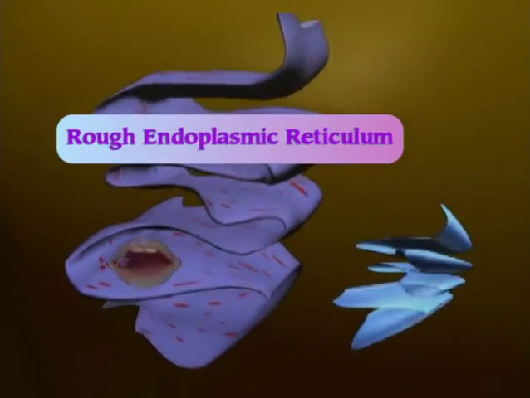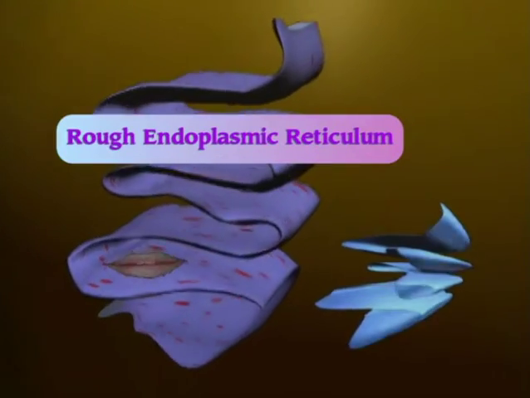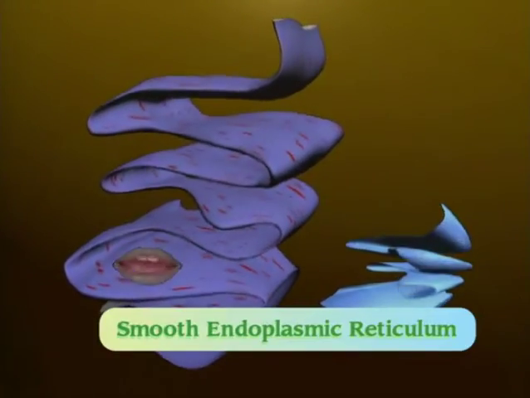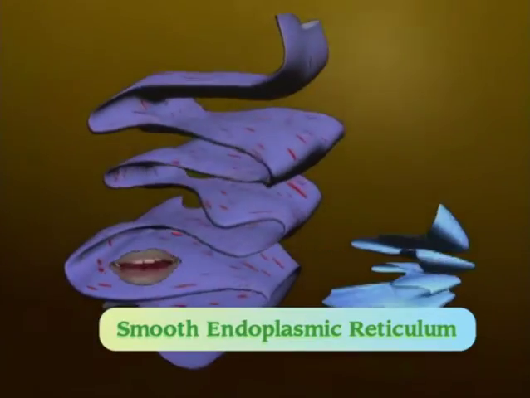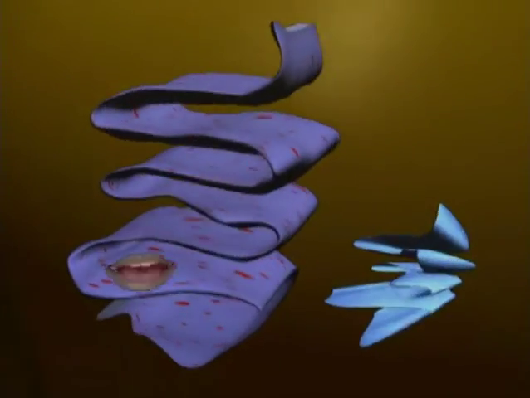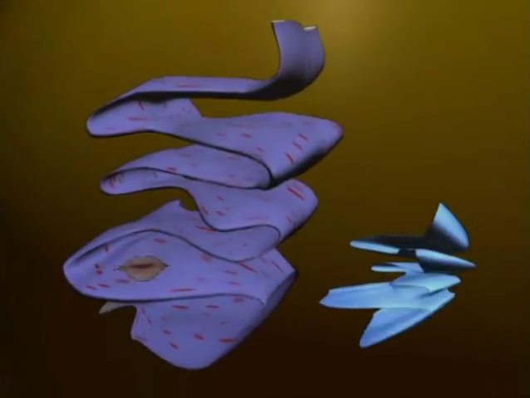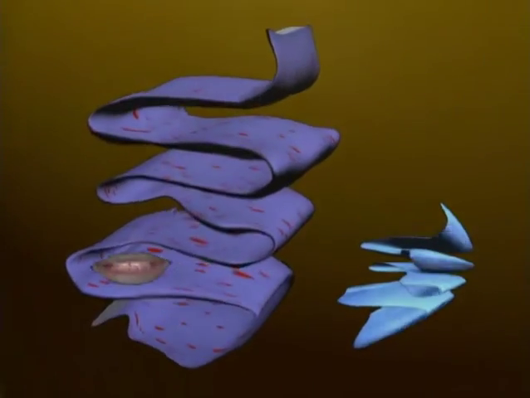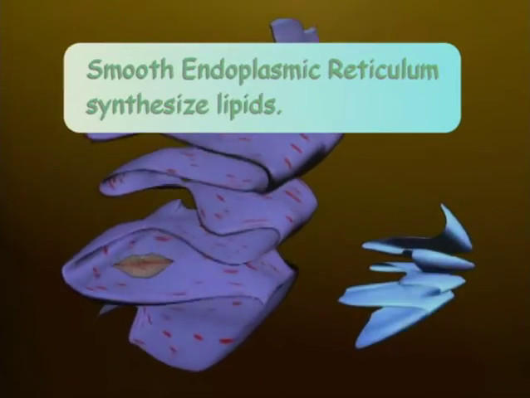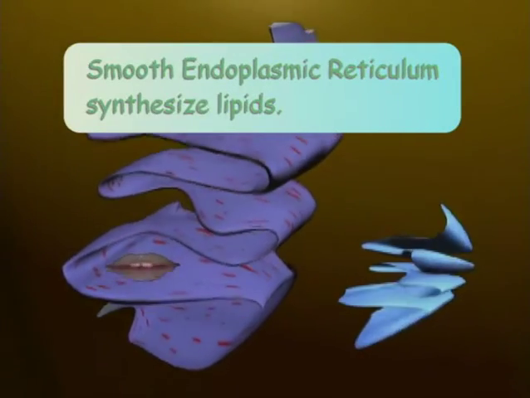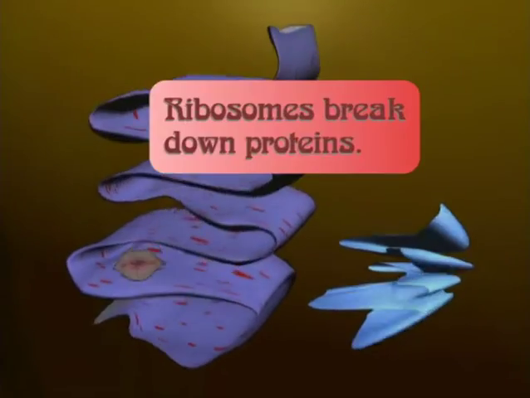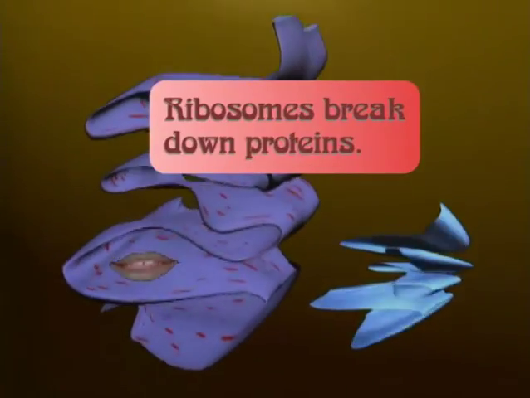Yeah, there are rough endoplasmic reticula, like me, and smooth endoplasmic reticula, like my cousin. Smooth endoplasmic reticula do not have ribosomes on their surface. So what do they do then? The smooth endoplasmic reticula synthesize lipids, which are organic compounds like fats and waxes, while ribosomes break down proteins.